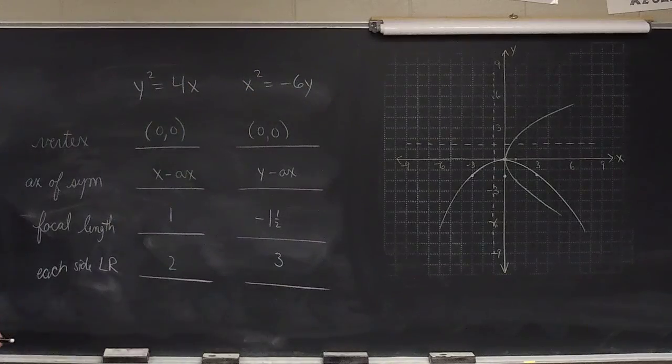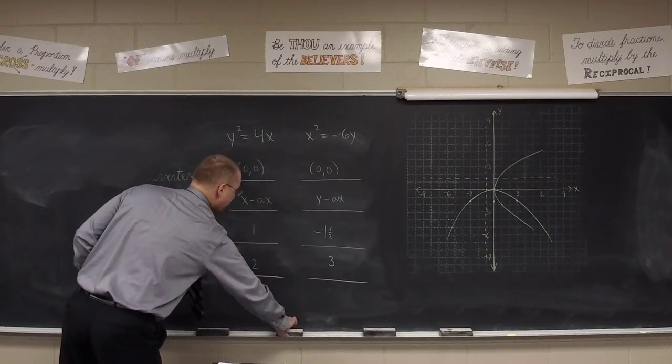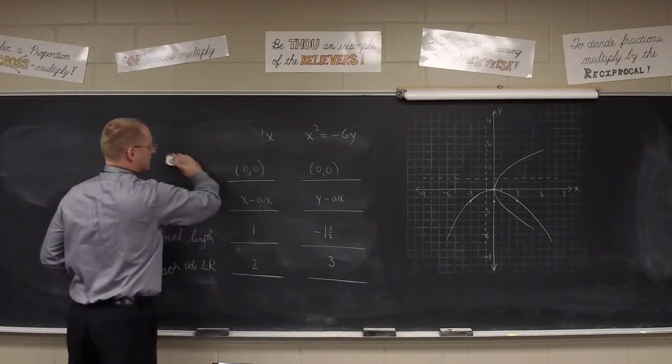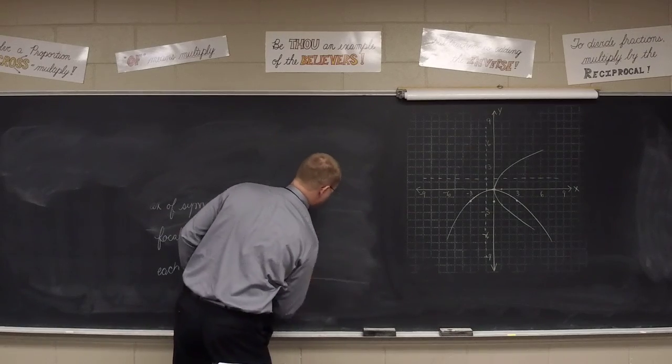All right, next thing in your notes, just as a circle can have its origin or its center move, right? We didn't keep all of our circles centered at 0, 0. No more will we keep all of our parabolas tied to 0, 0 as the vertex point. That parabola certainly can shift.